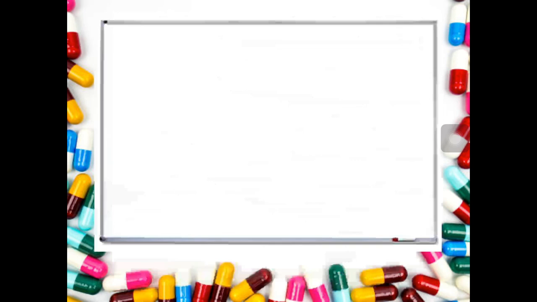So what are the things that we need to check to prevent these errors and omissions? One, prescriber's information. If you could actually get the address and number of the physician, it would be a lot better.